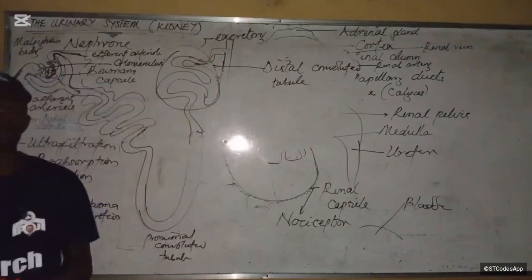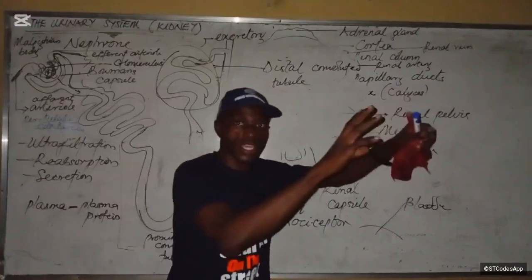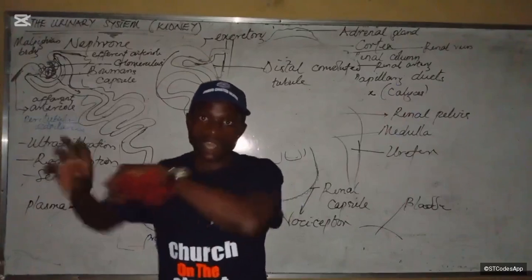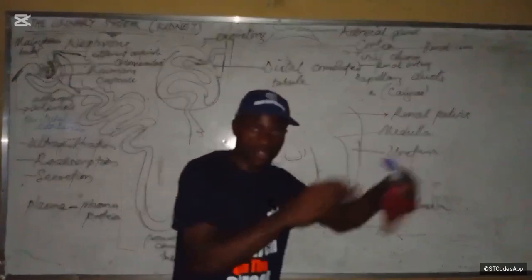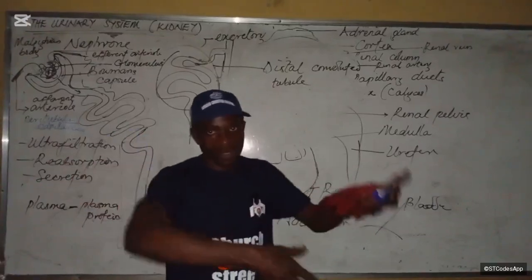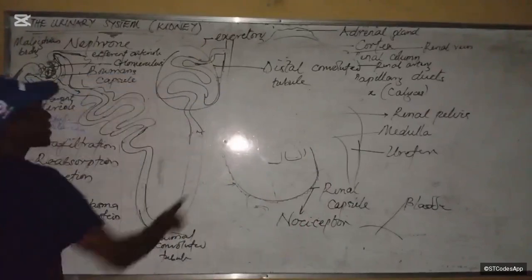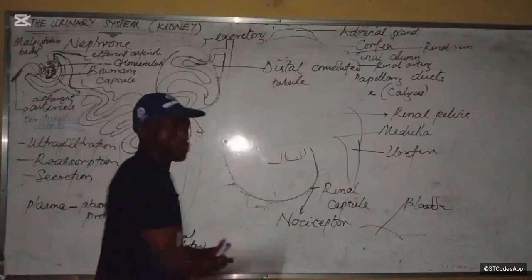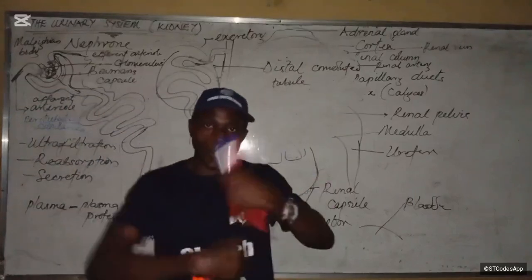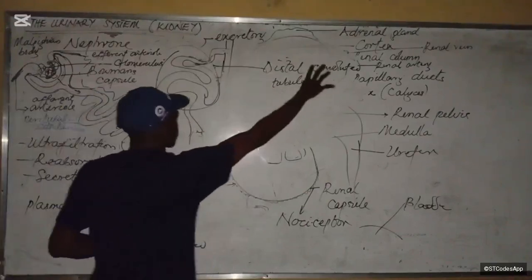And take note of the word proximal. Proximal means near. Distal means far away. So proximal near, distal far. You could use that to remember. You understand what I'm saying? All right. Convoluted means bound up, coiled. Is that okay? The proximal convoluted tubule and distal convoluted tubule.